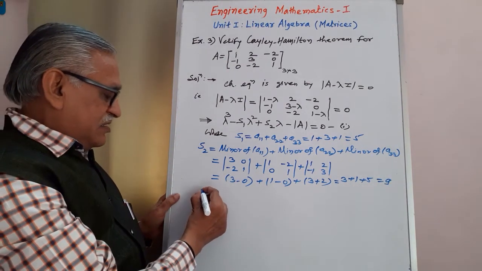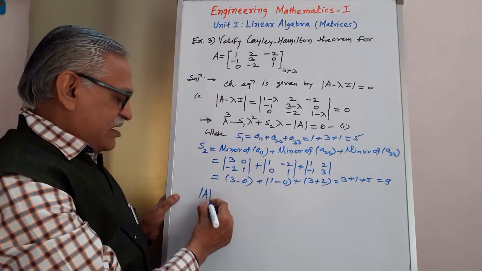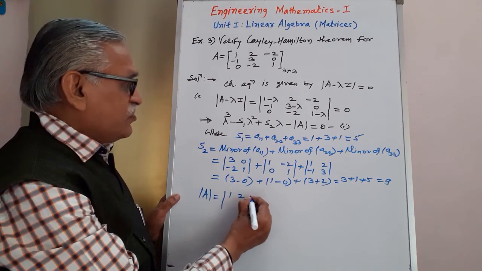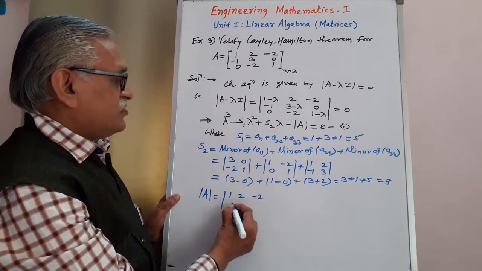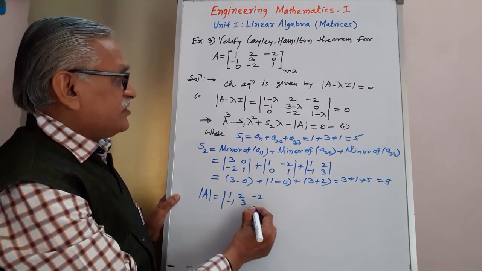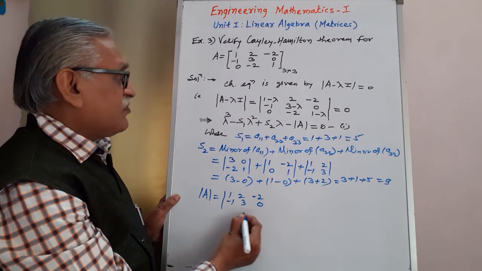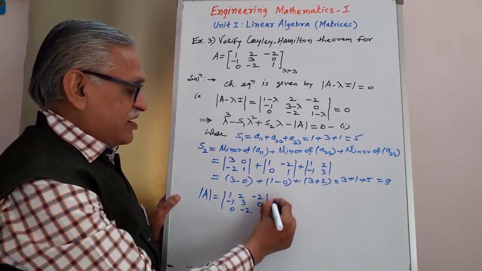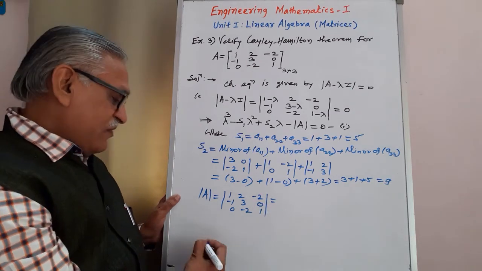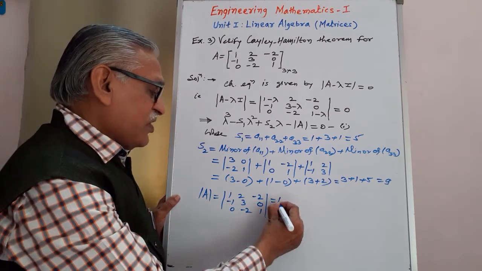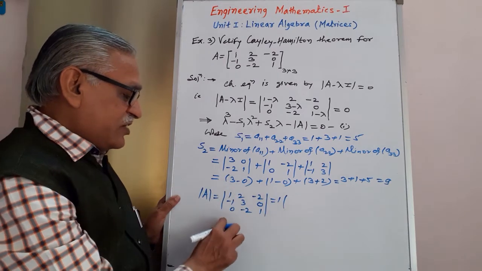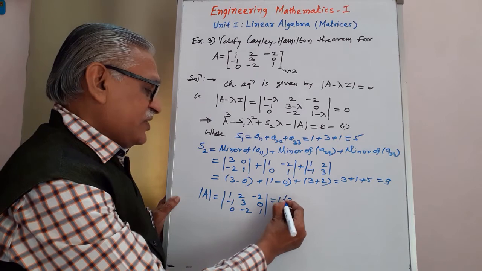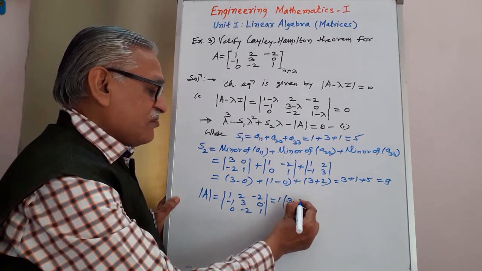Then determinant of A is determinant of 1, 2, minus 2, minus 1, 3, 0, 0, minus 2 and 1. Evaluating it, we get 1 into, neglecting this row and this column, determinant of this, therefore it is 3 into 1, we get 3 minus 0.